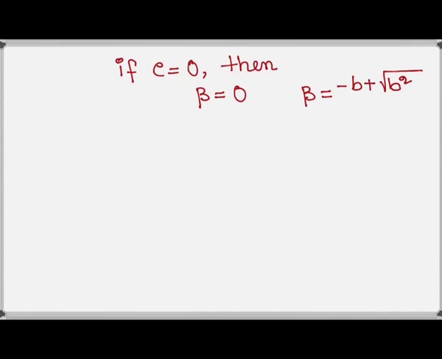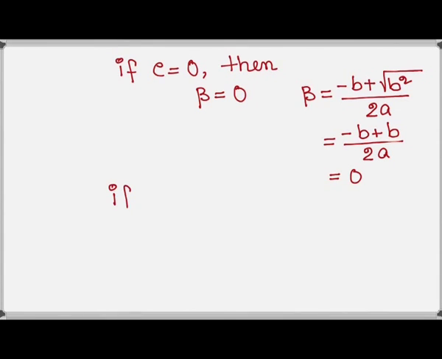So we have only square root of b square here. Now we have b strictly bigger than 0, so we only get minus b plus b divided by 2a, which is 0.